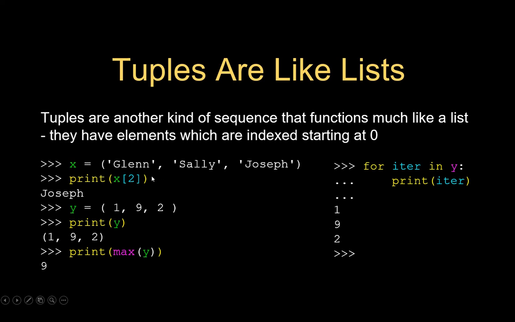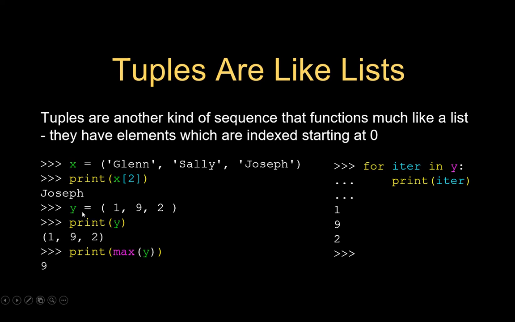If we assign it to the variable x and print the second item, because it starts from 0, it's actually the last one. When we print x square bracket 2, we're going to have Joseph.